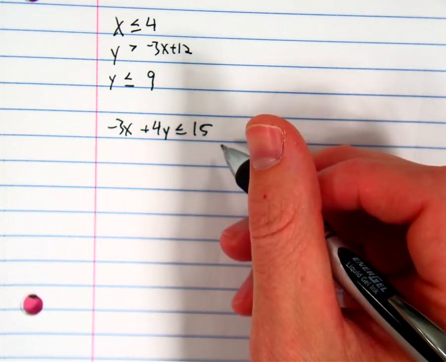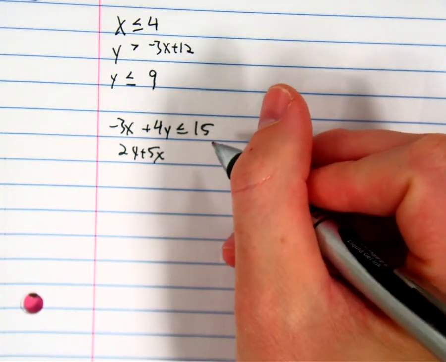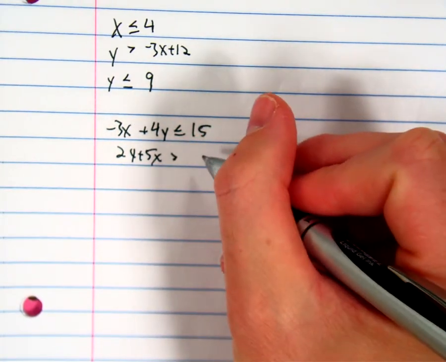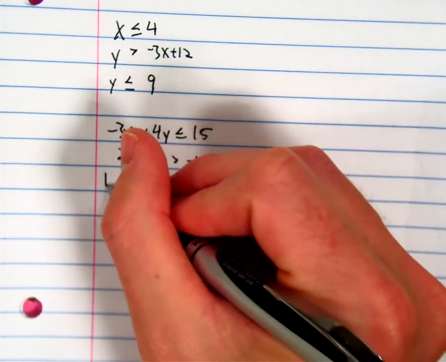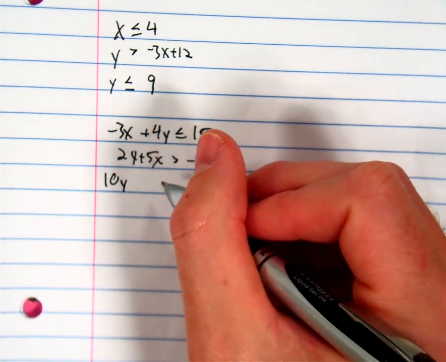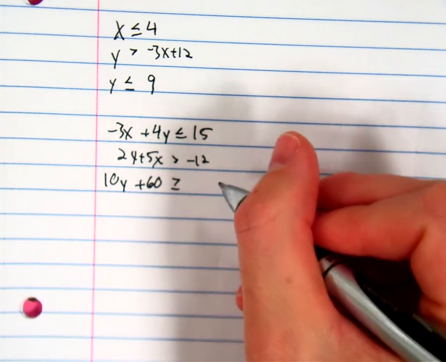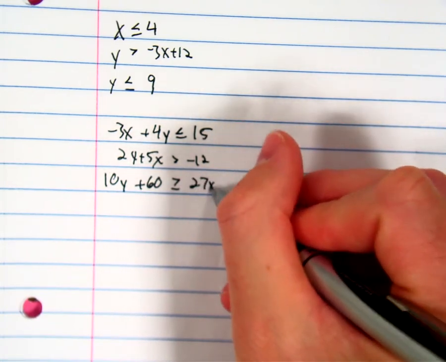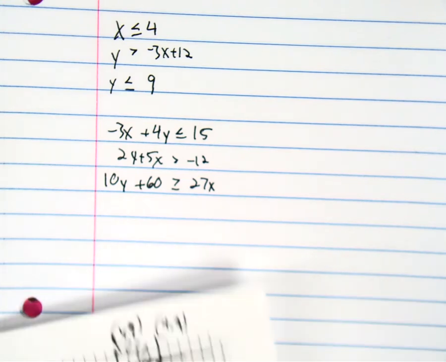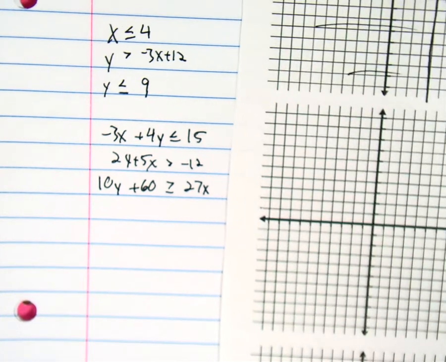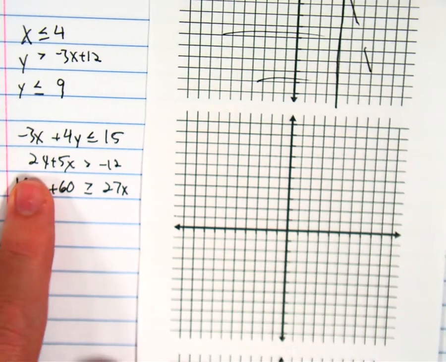And 2y plus 5x. Okay, so we have that. Alright, so the first one we might be thinking cover-up method, right?